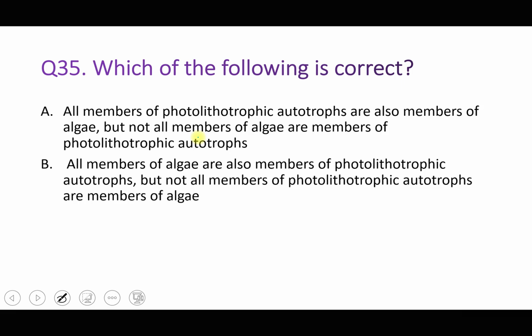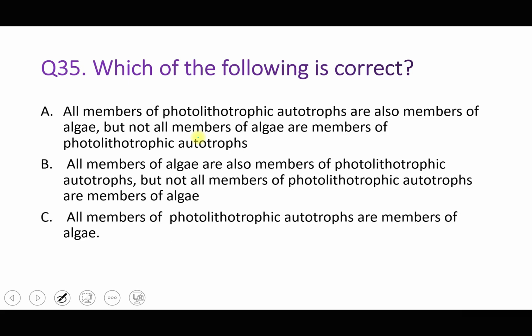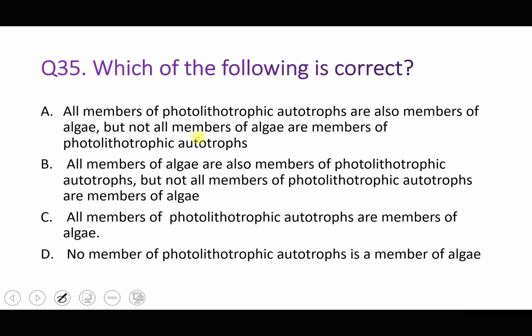B, all members of algae are also members of photolithotrophic autotrophs, but not all members of photolithotrophic autotrophs are members of algae. C, all members of photolithotrophic autotrophs are members of algae. D, no member of photolithotrophic autotrophs is a member of algae.